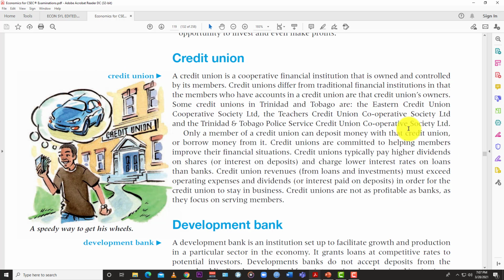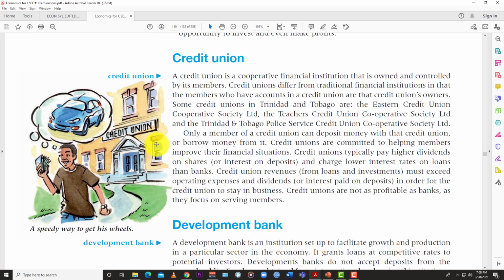The credit union is committed to helping its members improve their financial situation. Credit unions typically pay higher dividends on shares or interest on deposits and charge lower interest rates on loans than banks. So those lines alone should tell you where you should take your money, right? One of the most advantageous things about the credit union is you get lower interest rates on loans, higher dividends on shares, and a higher interest rate on your savings accounts.